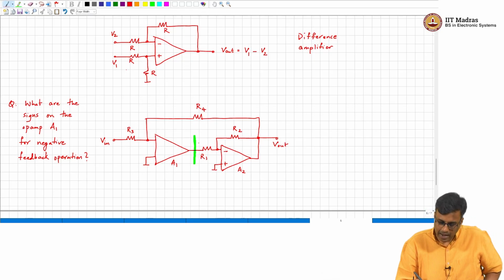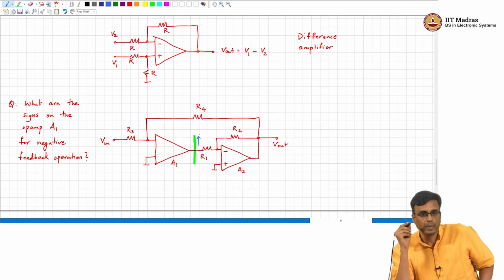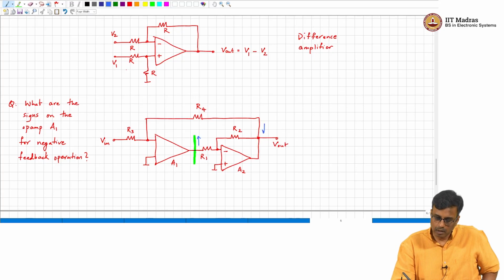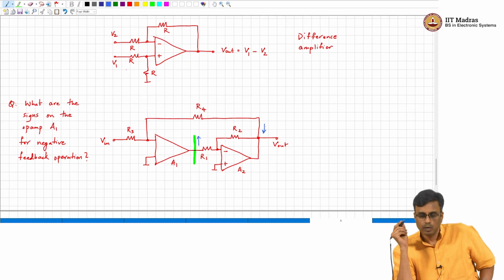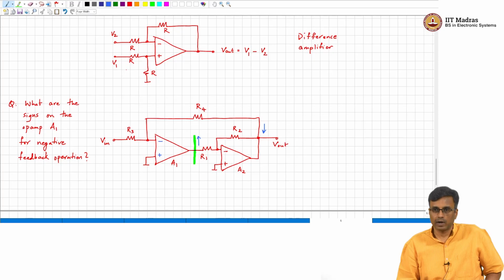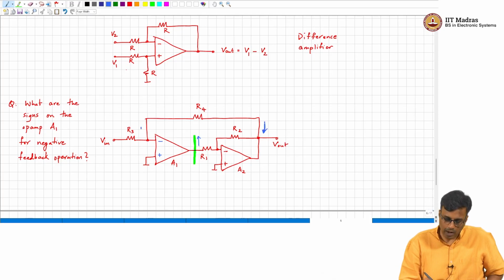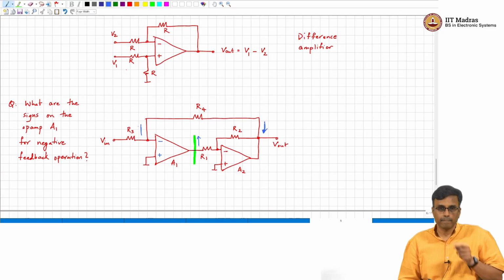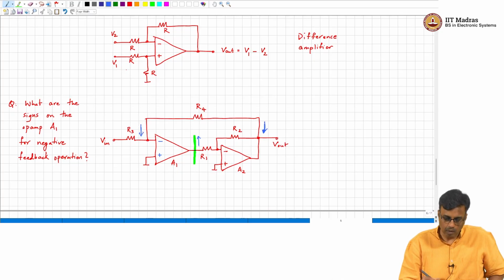If I yank this voltage up, what happens to the output voltage? It goes down. We do not know the signs, so let us assume some arbitrary signs, as an assumption at this point. If this goes up, that goes down. If this goes down, what happens to this node? It must go down.